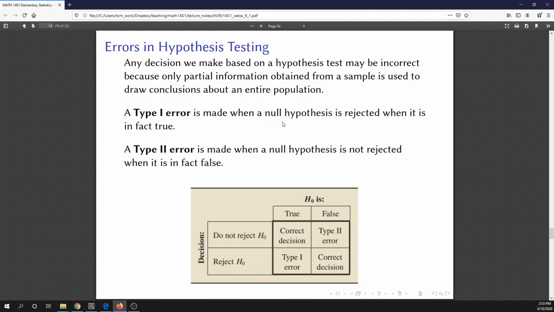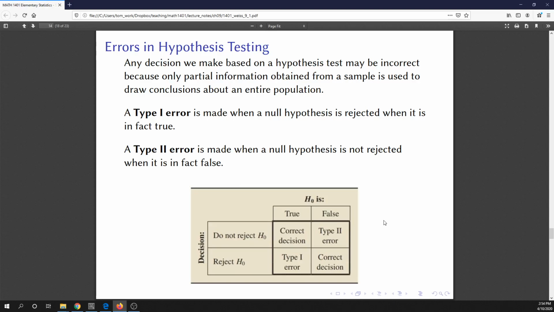The other situation is when we have a false null hypothesis, right? So the null hypothesis is not true, and then we do not reject the null hypothesis. So in reality we have a false null hypothesis, and we analyze the sample data, and that leads to us not rejecting the null hypothesis in favor of the alternative hypothesis when the null hypothesis is false.